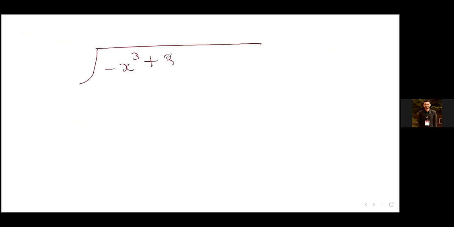Minus x cube plus 3x square minus 3x plus 5, divided by minus x square plus x minus 1.